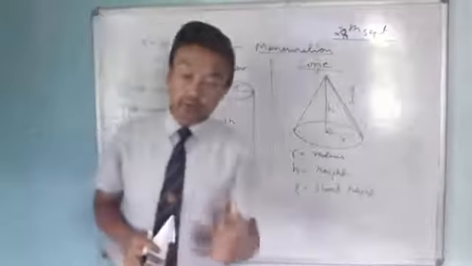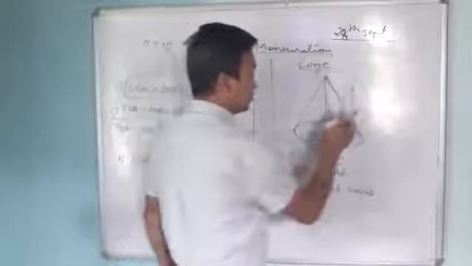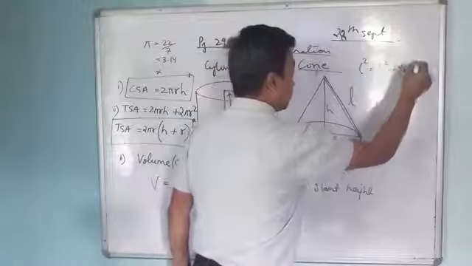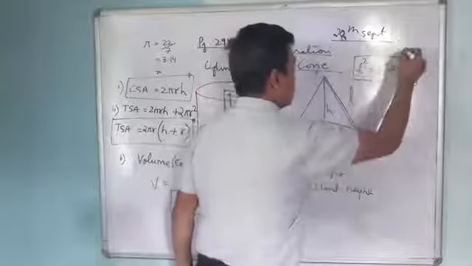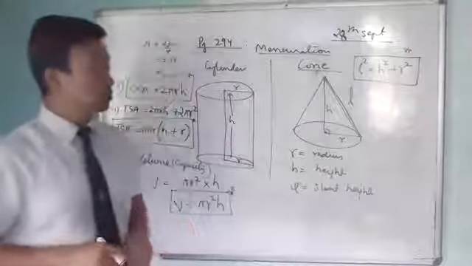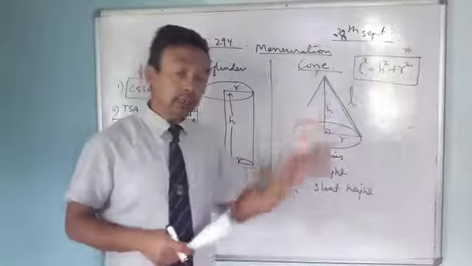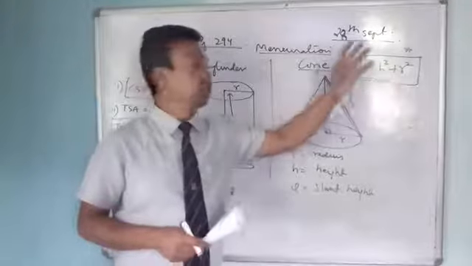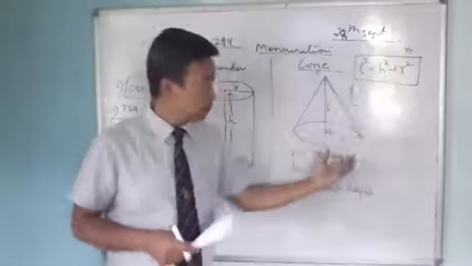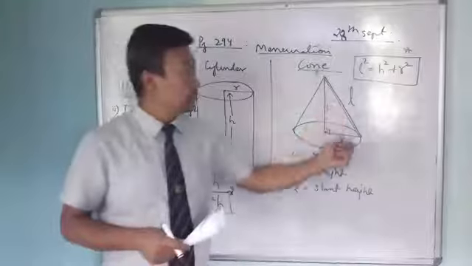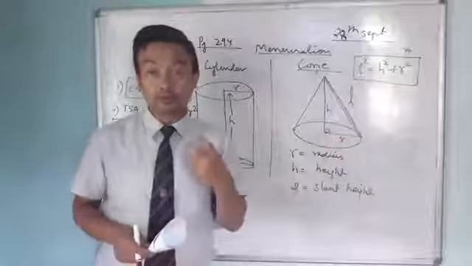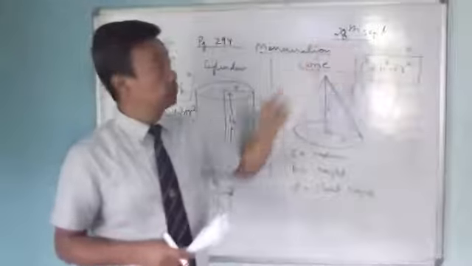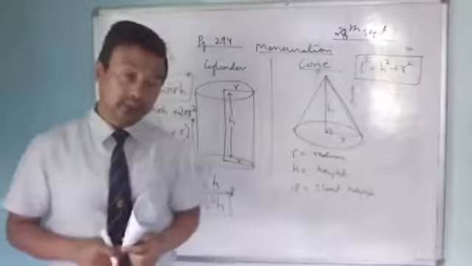So from the Pythagoras theorem, we can apply this relation: L square equals H square plus R square. This is one extra relation which is very, very useful, because in some questions any two sides will be given, and with the help of this relation we can find the third side. Sometimes the height and the radius are given and you need to find the slant height. Then use this equation, and from there you find the value of L, the slant height.